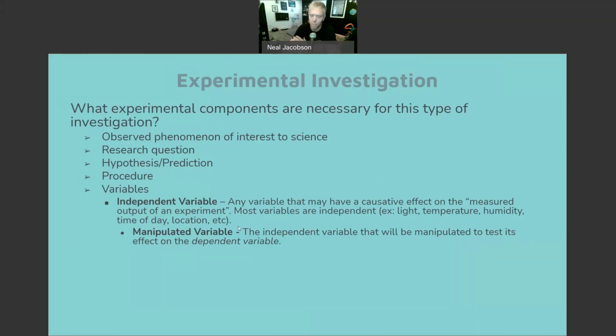And so for your blood pressure medication, the manipulated variable could be your pharmacological compound and what quantity of that compound you're administering to your subjects. So you could have a group that's getting 10 milligrams, a group that's getting 20 milligrams, a group that's getting 50 milligrams, a group that's getting 100 milligrams, and a group that's getting a placebo.